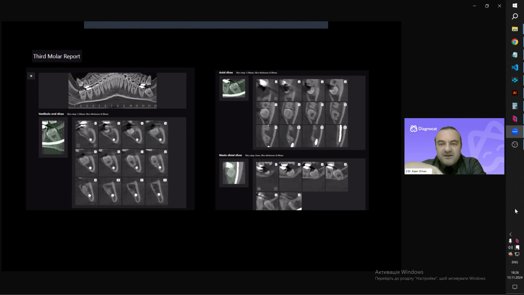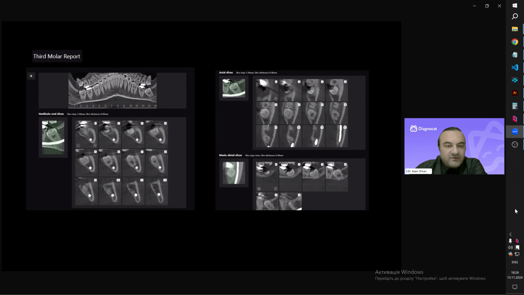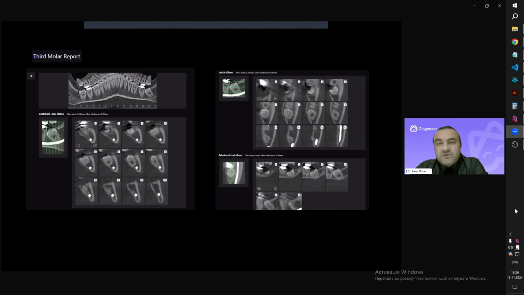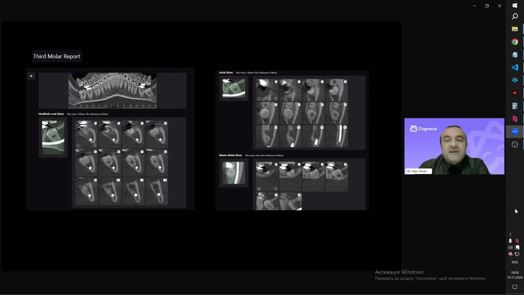The mandibular canal, or the nerve, is segmented automatically, and we can follow the segmentation of the nerve and the relationship of the nerve with the third molar or the impacted tooth. It's quite important because sometimes even using a CBCT, we cannot predict or even see the mandibular canal because of different concavities and also because of superimpositions.